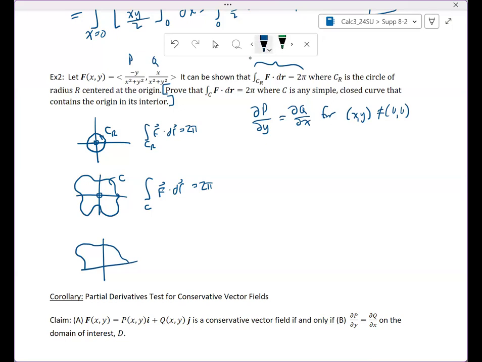So the top half is going this direction. And then I have a line segment coming in along the x-axis. I'm drawing it a little bit above the x-axis so we can see it. And then going around the top of CR and then coming over this way.